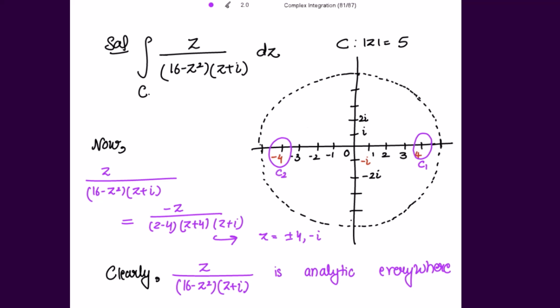And let's construct the circle C3 around the point z equal to minus i. This is your circle C3. The first circle is C1 with radius R1, the second circle is C2 with radius R2, and the third has radius R3.